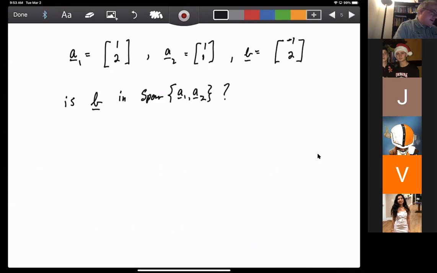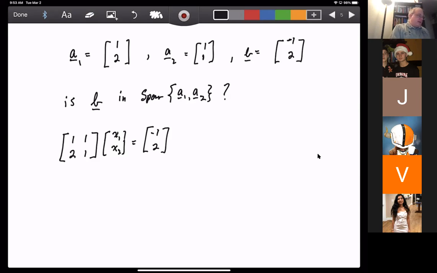Well, how could we answer this question? We can actually set up this linear system. Actually, let me call this X1 and X2. How can we tell whether the system is solvable?